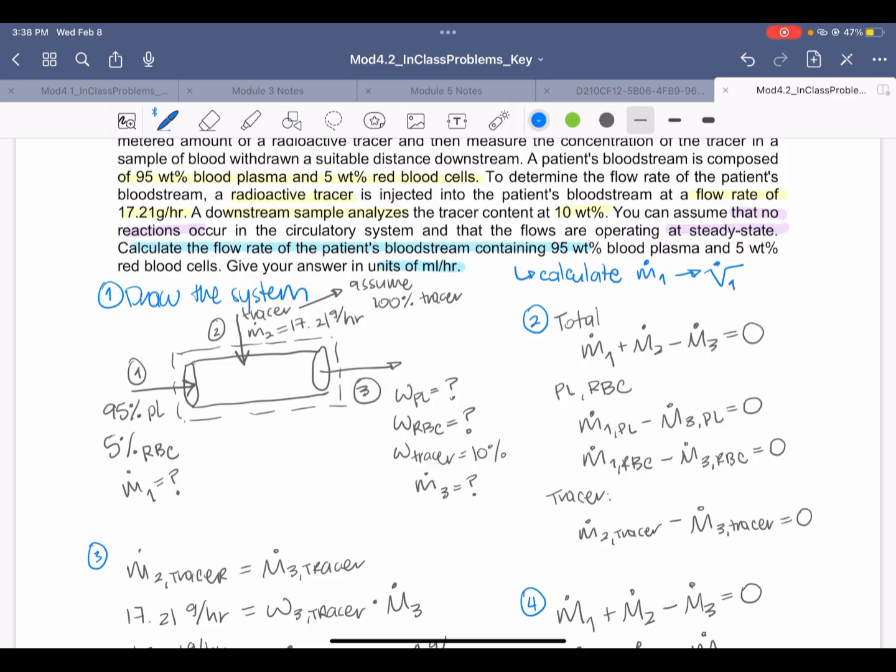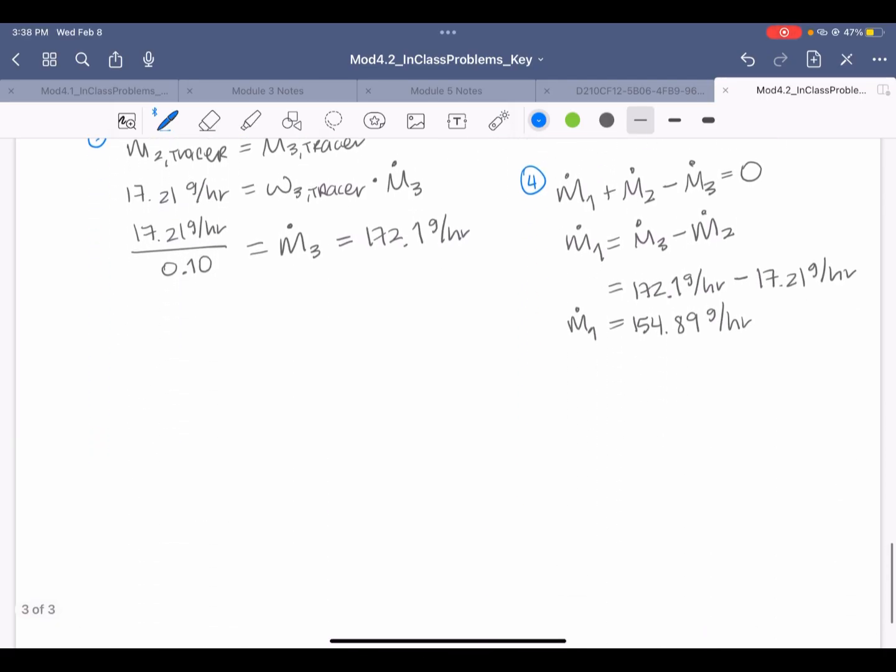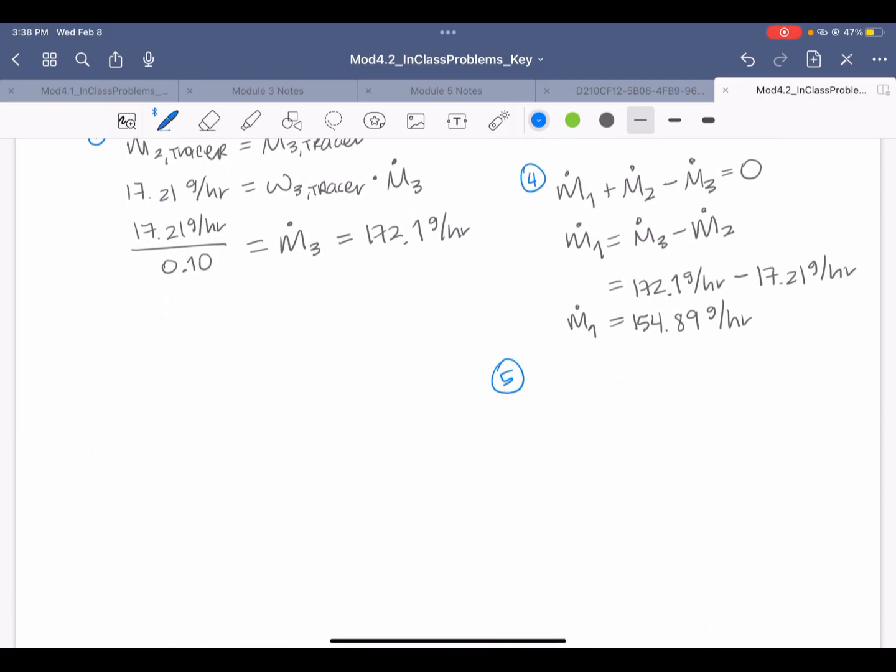And remember that we can always convert between these two using density. By now, you should be really familiar with the density of blood, which is approximated for most people as 1.056 grams per milliliter. If you forget that, remember that it's always in your book, or you can Google it, etc.